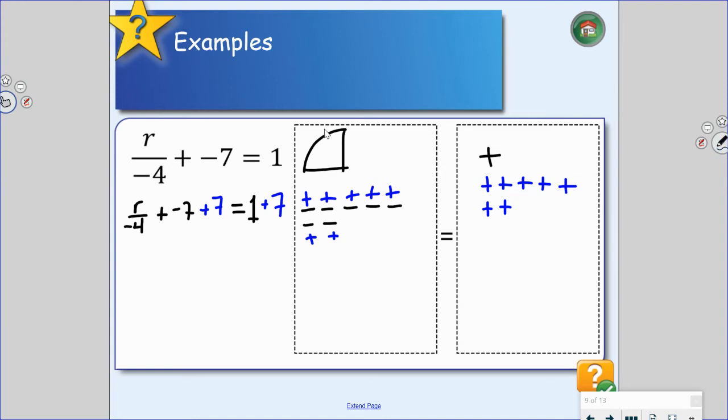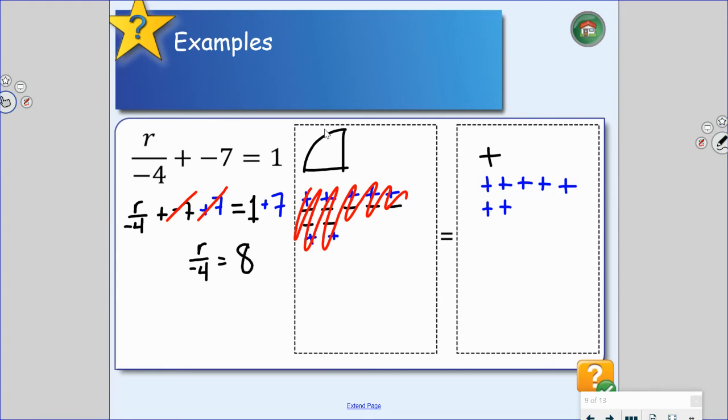Now, in this case, -7, +7, cancel out. And what does that leave us with? Well, that's pretty good. We're one step closer to getting R isolated by itself.